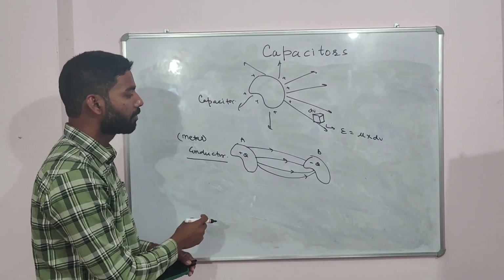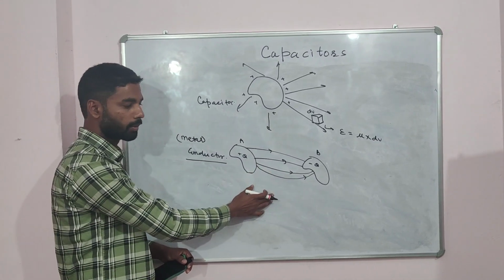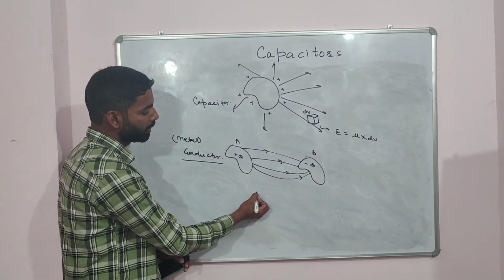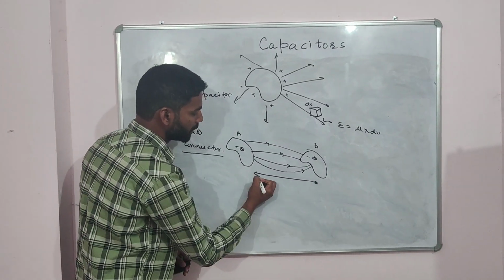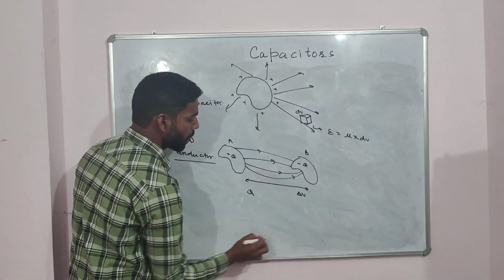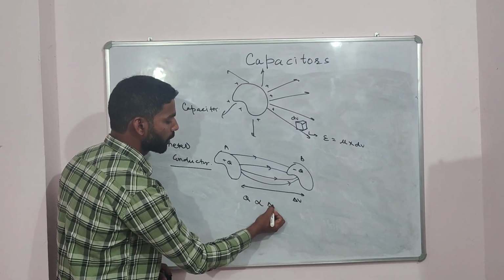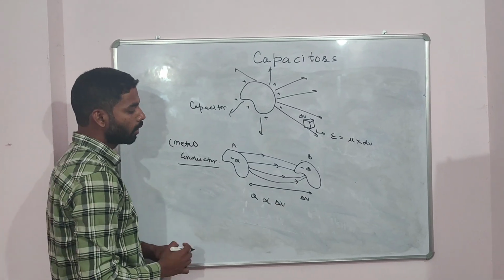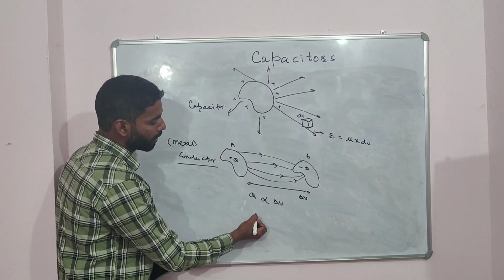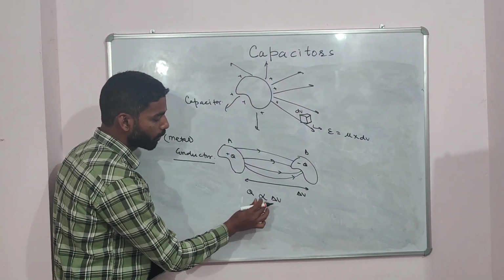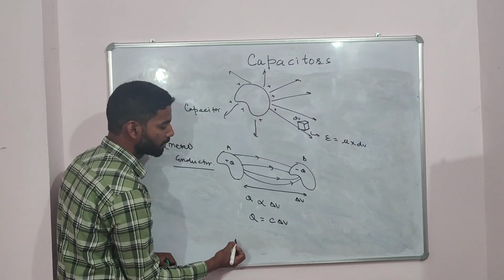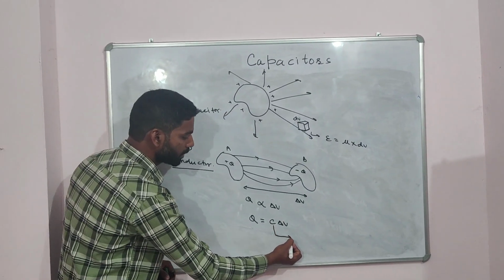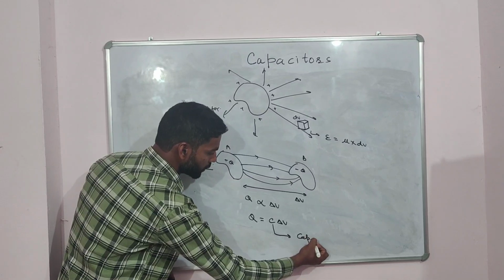So if we define the capacitance of this system, we see that if we increase the charge, the potential difference between them will increase. Charge is proportional to potential difference. So we can write Q is equal to, if we remove this proportionality, some constant into potential difference, and this constant is known as capacitance.